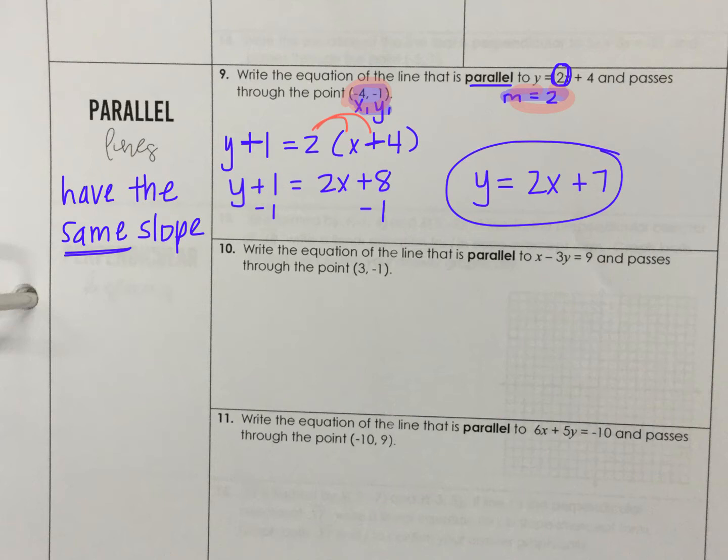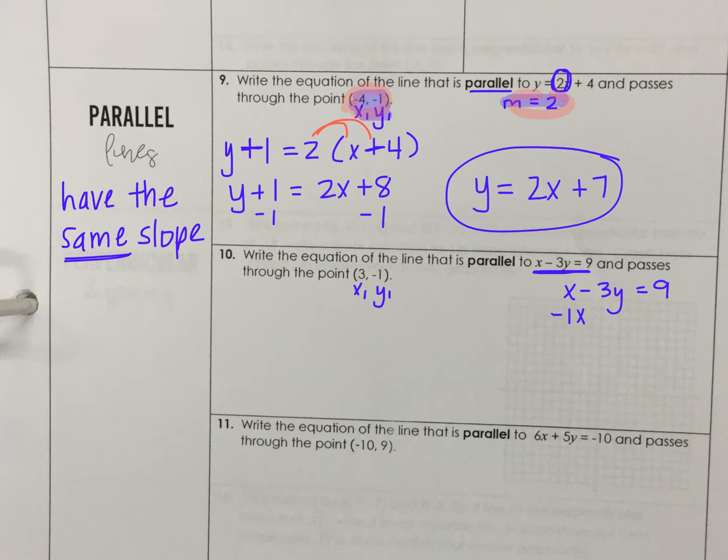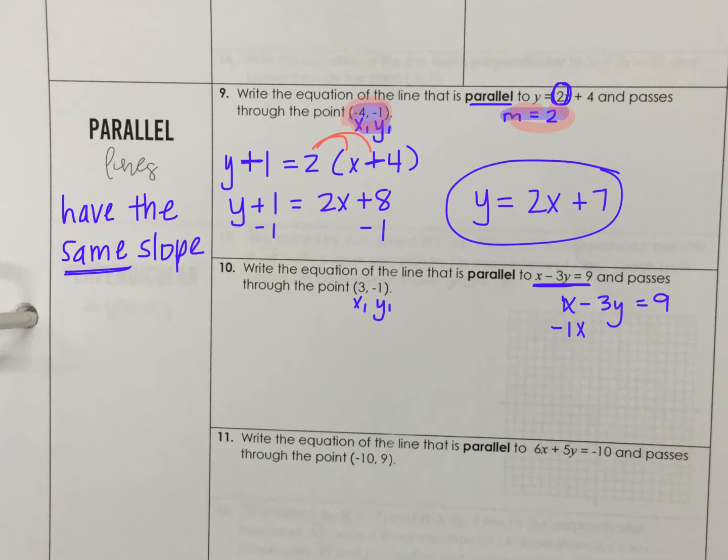This one, I've got my x1 and my y1, but I have a problem. That is not in y equals mx plus b, so I don't know my slope. So I'm going to go over here and turn this and get the y by itself. So I subtract 1x on both sides.